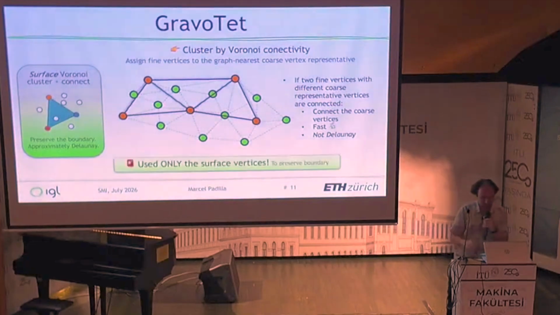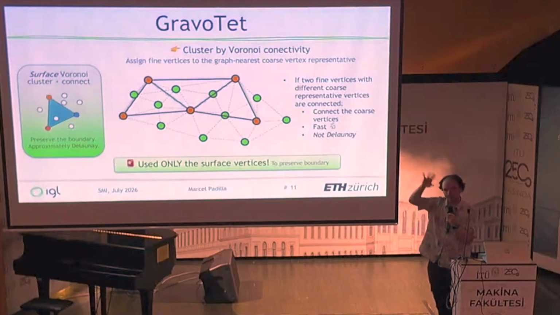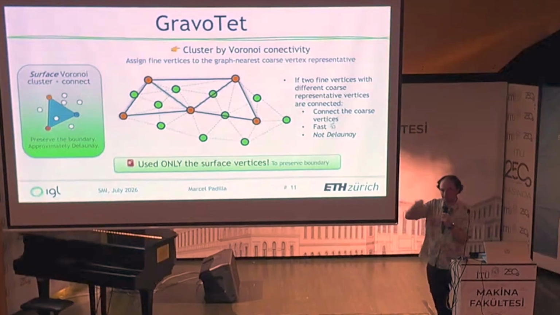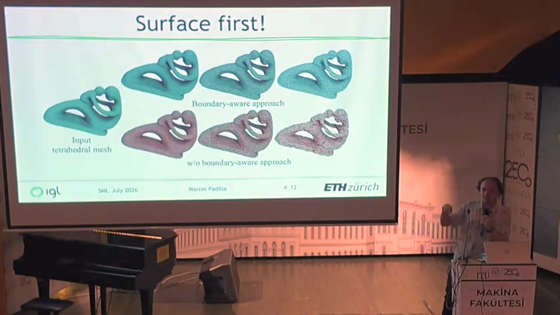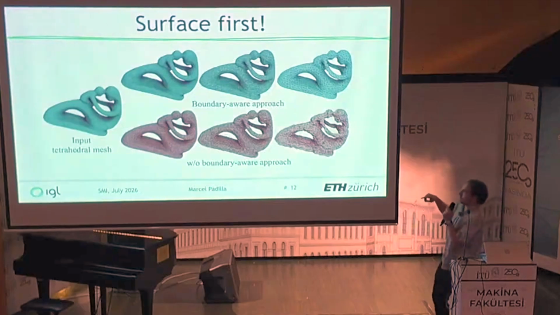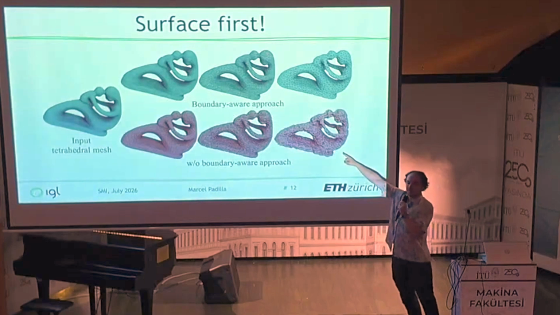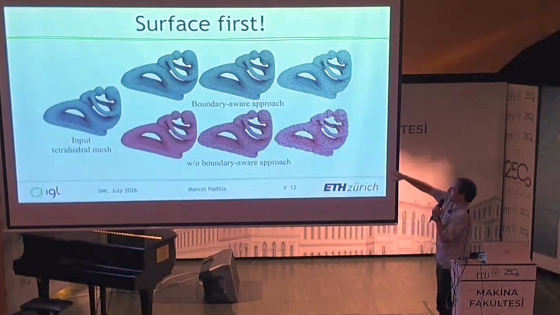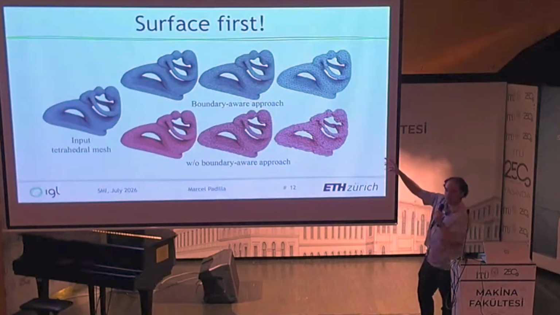Also very fast. And we start by only doing this for the surface vertices. So we had sampled all the vertices with prioritization for the surface, and then we connect the surface vertices, and then only after that we go into the volume. And the reason why we're doing this is if you don't, then you end up with this type of mesh, and it should make you feel weird in your stomach when you see it, because the surface is all messy, because it wasn't taken care of, prioritized.